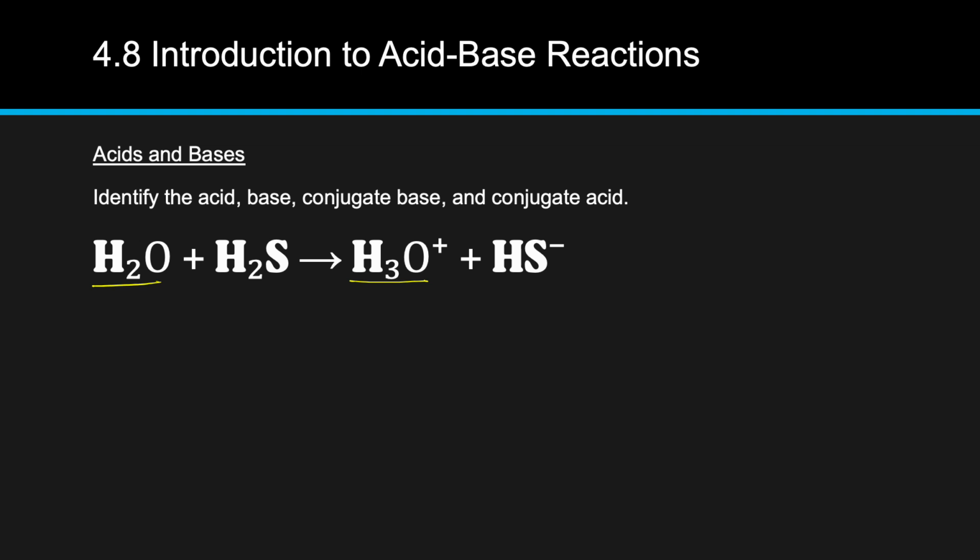So since it accepted a proton, water here would be my base. And that turns into my conjugate acid. And then for our other conjugate acid-base pair, we have H2S forming HS-, which means this was an acid because it donated a H+ ion and became a conjugate base.